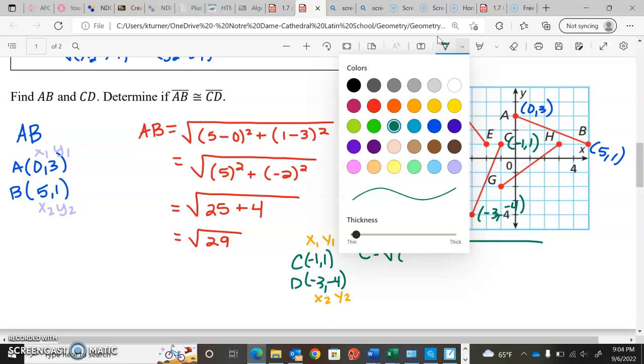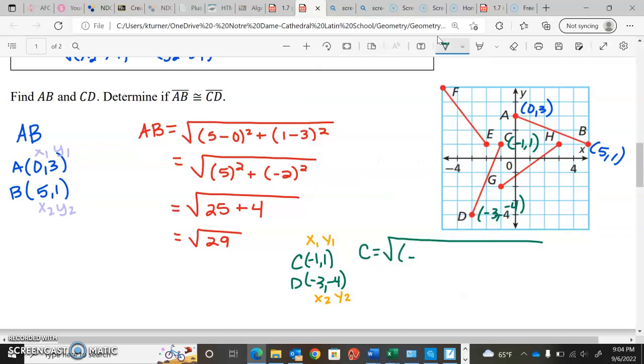So in my distance formula, x2, negative 3 minus x1, which is negative 1, squared, then plus y2, which is negative 4, minus y1, which is 1, squared.